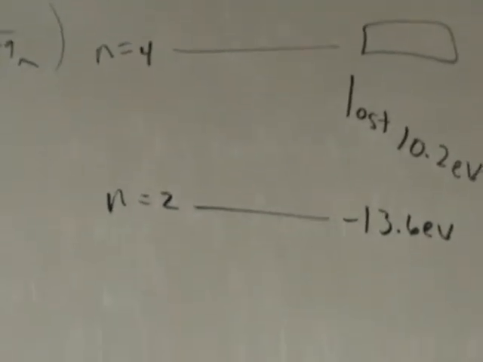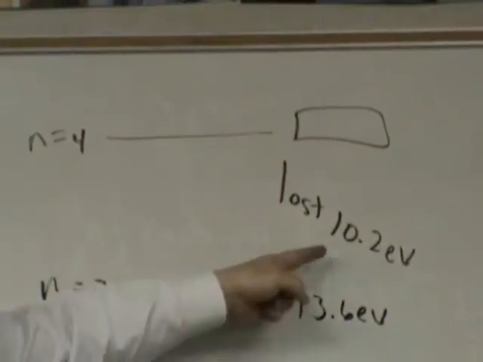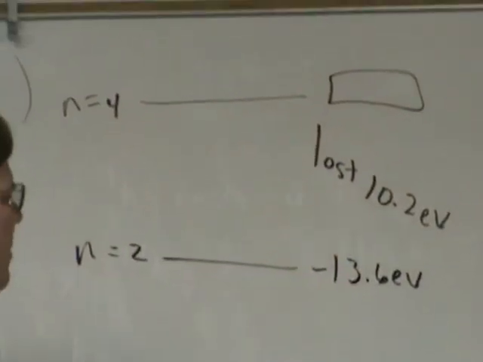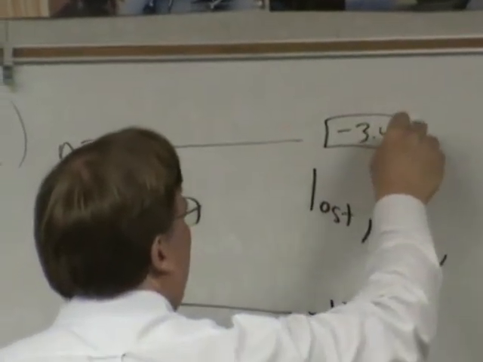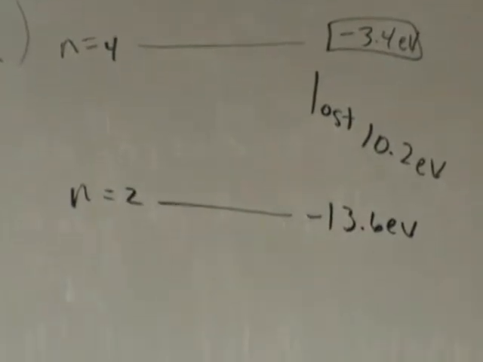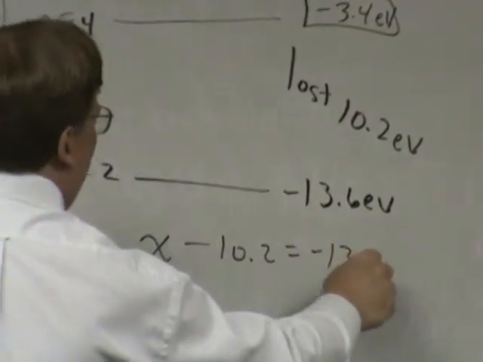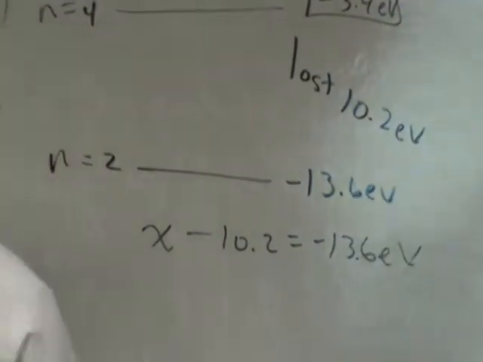I mean, it's always E2 minus E1 or E prime minus E, but just use your cleverness. If you lost 10.2, then this must have been negative 3.4, right? Then you subtract 10.2 from it, you get negative 13.6. If you prefer, you could always do x minus 10.2 equals negative 13.6, and that'll get you your answer.